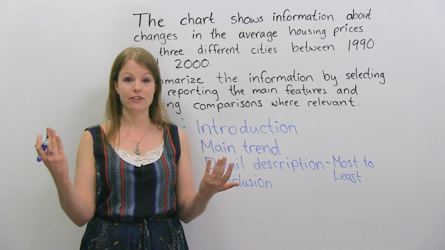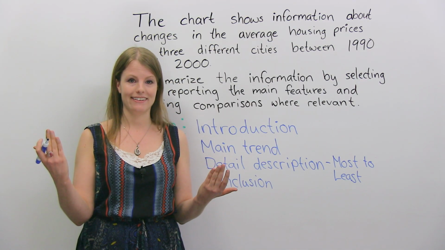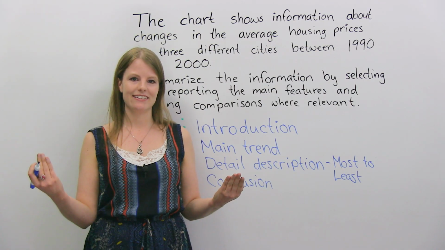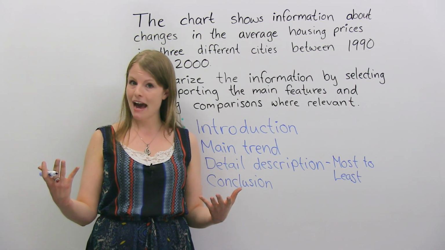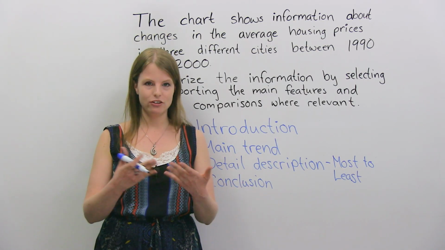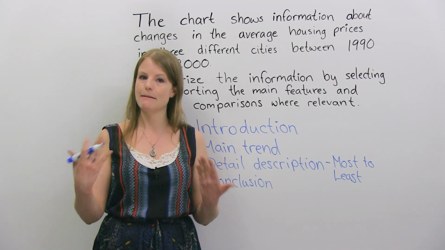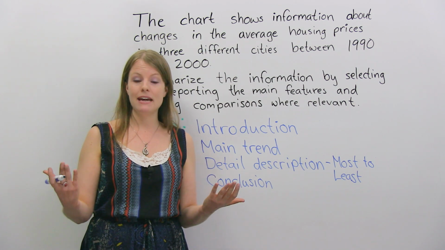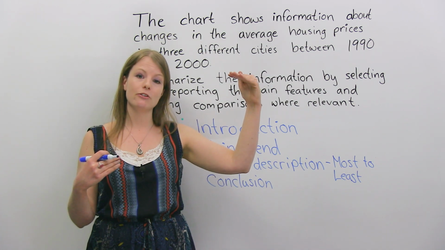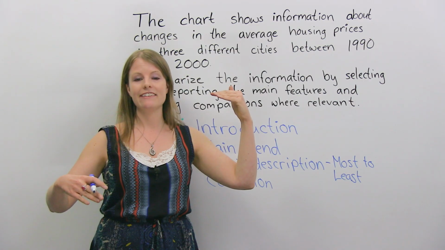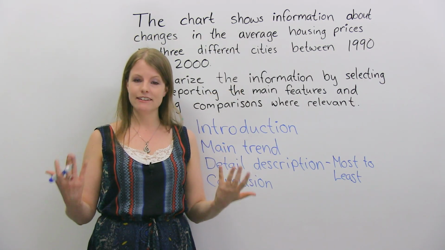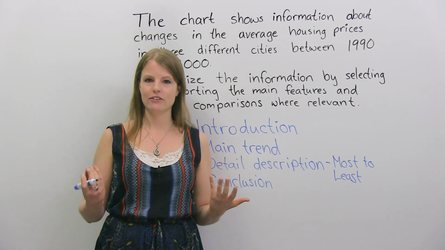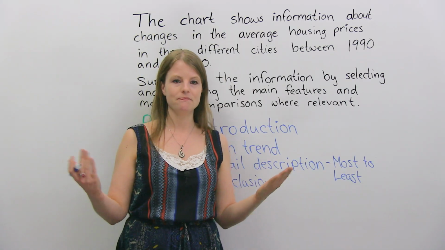All of the cities increased over time in terms of their housing prices. That's a main trend. It might also be that Vancouver is the most expensive and Montreal is the least expensive.